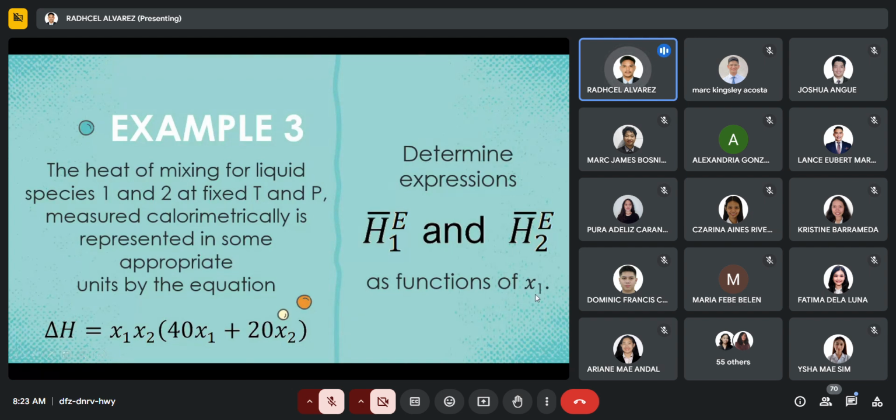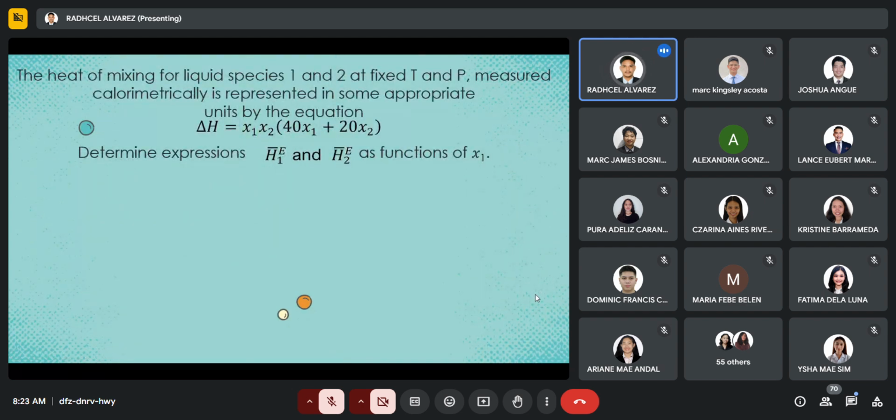So, nandito na tayo kay partial properties. Ang hinahanap daw natin ngayon ay ang ating partial property ni excess H1 and excess H2. So, tanda pa ba ang ating ginagawa kapag partial property? Try nyo itong i-solve. So again, as functions of x1.